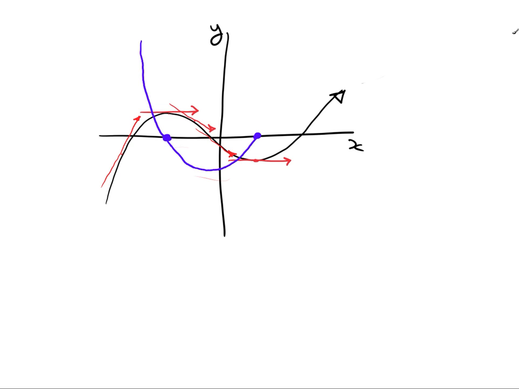Now beyond this point, I can tell that all of my slopes are going to be positive. Every one of these guys, I didn't draw that very well, but every one of these guys is positive. So my derivative function will continue on. So this is f prime of x, with this being f of x.